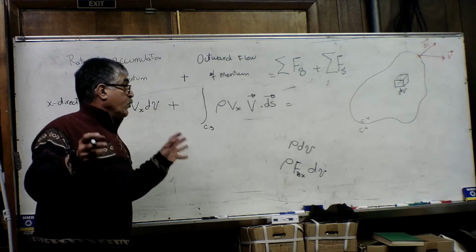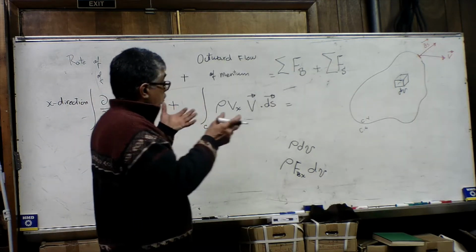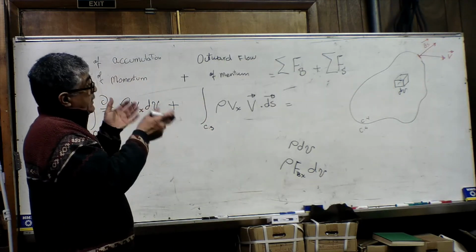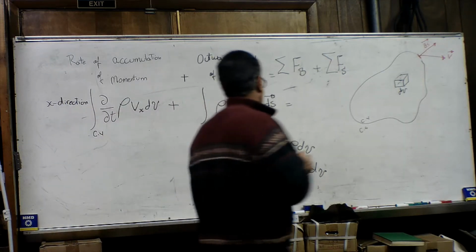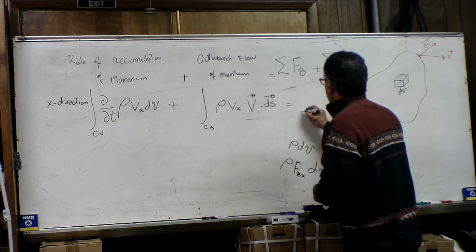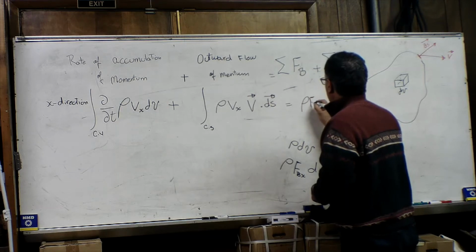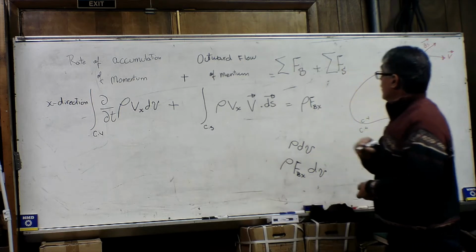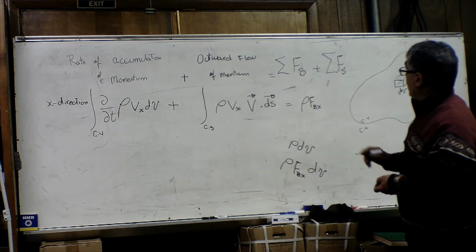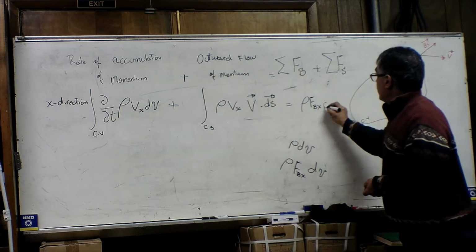The body force in x direction multiplied by the mass of that differential volume, so we can write it as rho bx dV.